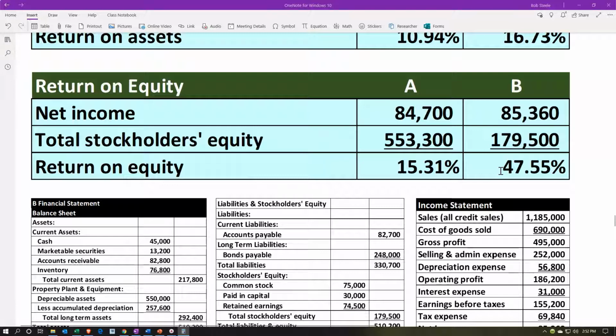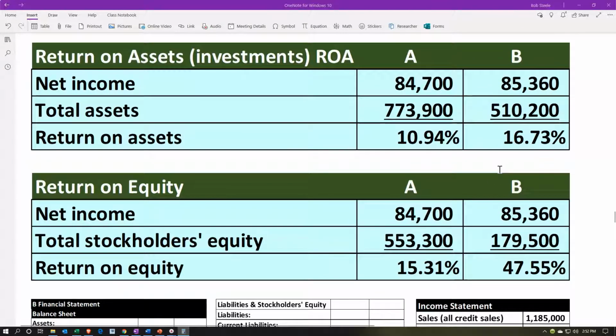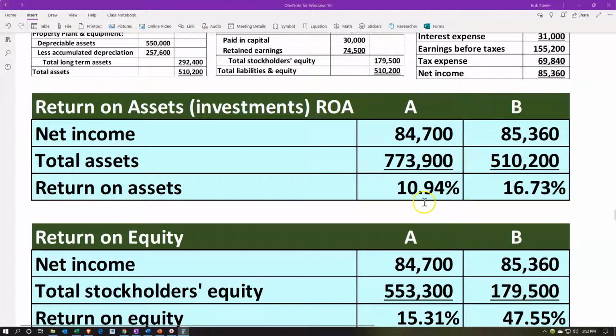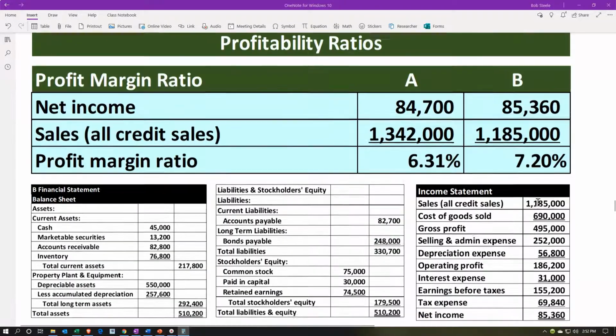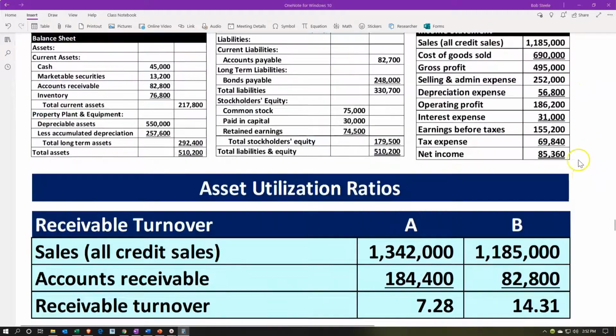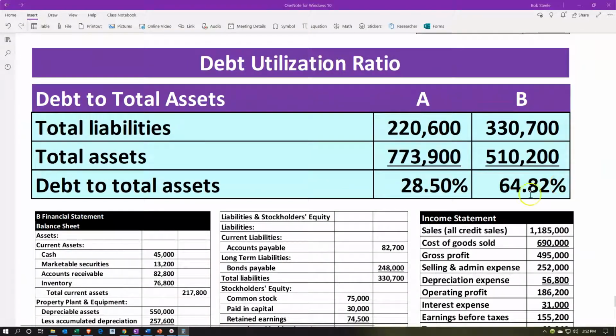But when we look at that number, we have to remember that they're also very leveraged. So that means that their equity is a lower proportion of their liabilities. So if you look at B's performance, they're getting a rate of return on their total assets, which is good. Their performance is looking good, and their profit margin is okay. But then there could be concern when you compare the two about, of course, the debt to total assets.